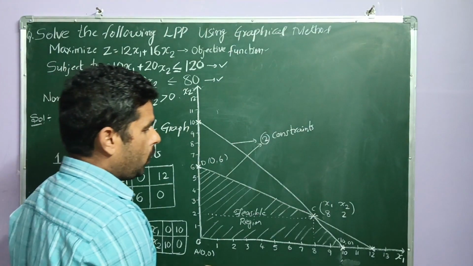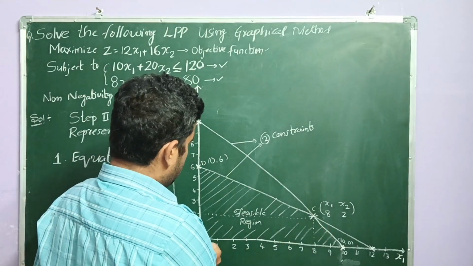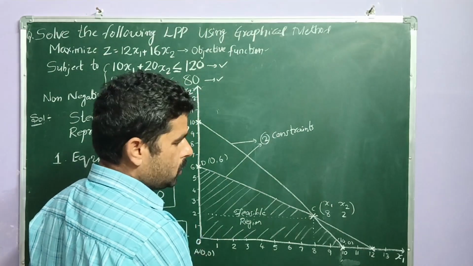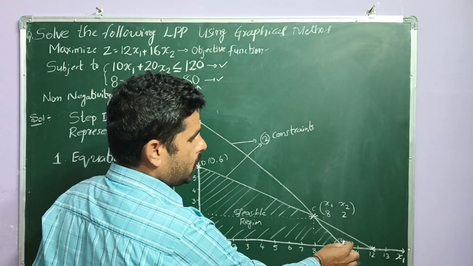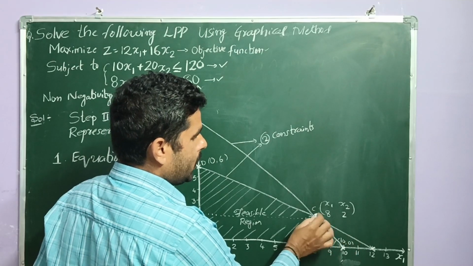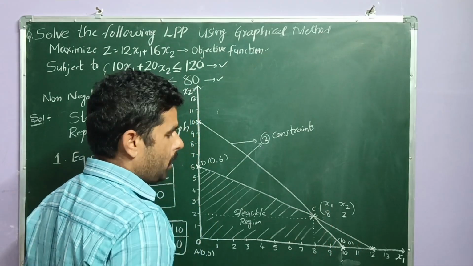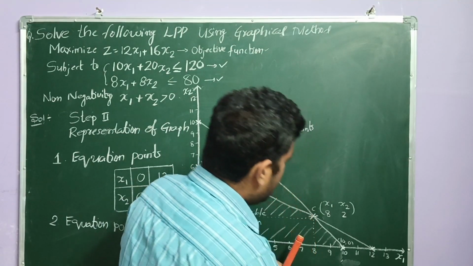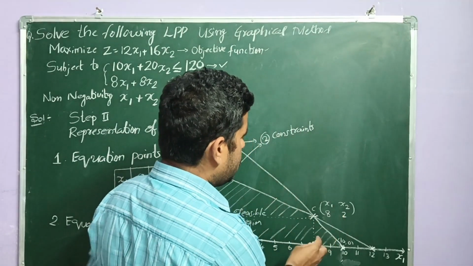Okay, so listen carefully. So these are the values. See, at the origin, x1 value is 0 and x2 value is 0. Then here x1 value is 10, x2 value is 0. Then this is the intersecting point. You take the help of a scale. See, observe carefully. If we draw a straight line, we are going to get x1 value is 8.